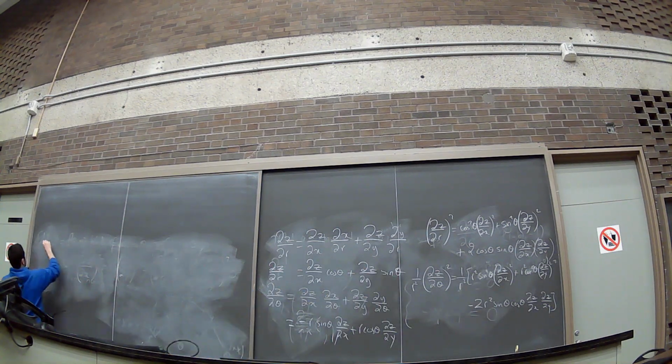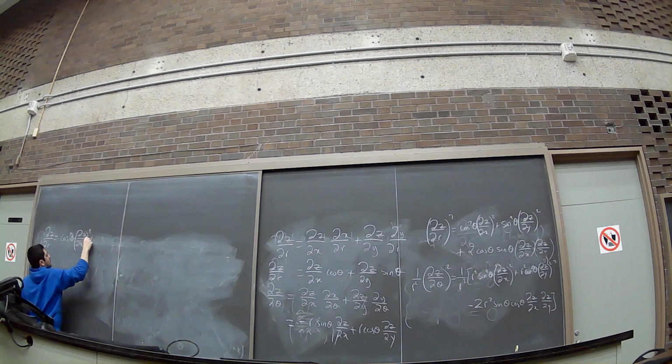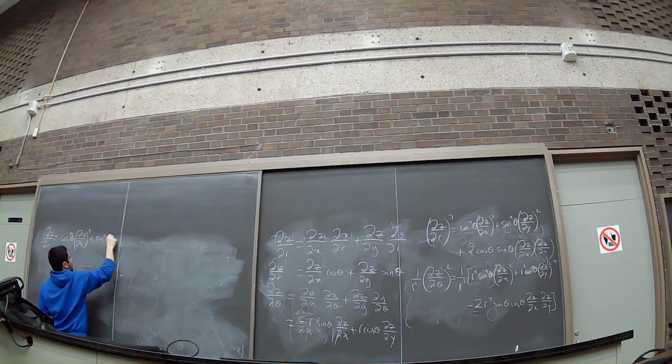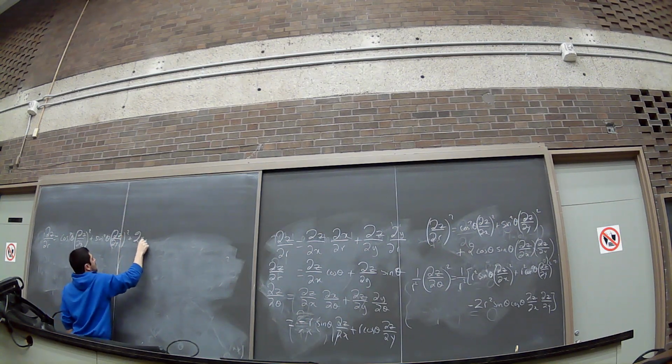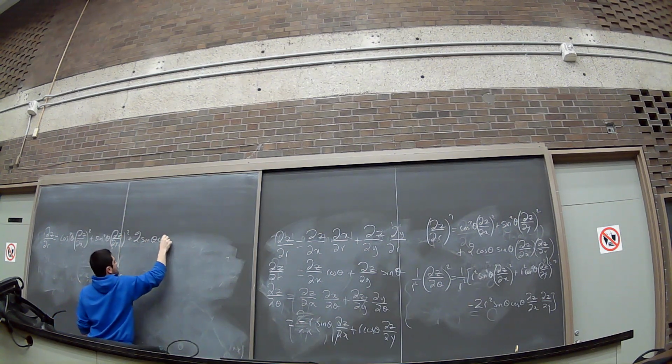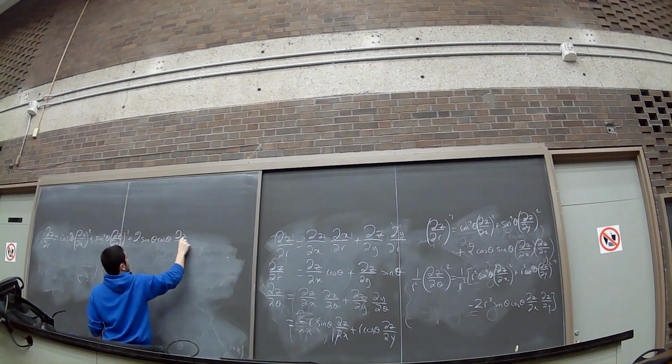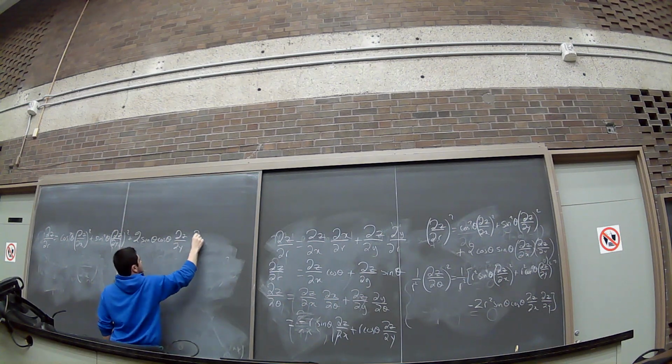Del z del r squared is cos squared del z del x squared, right? Plus sine squared del z del y squared plus 2 sine theta cos theta del z del y times del z del x.